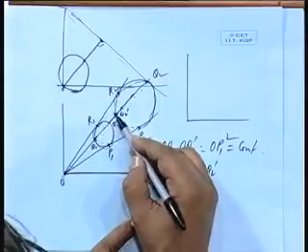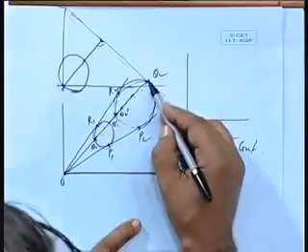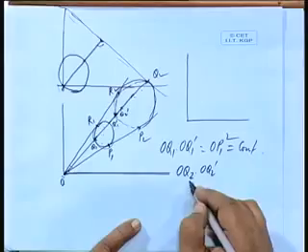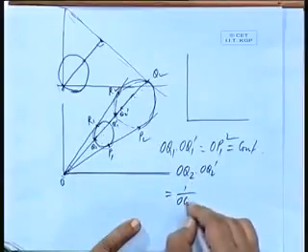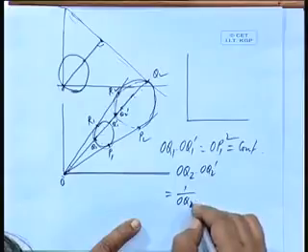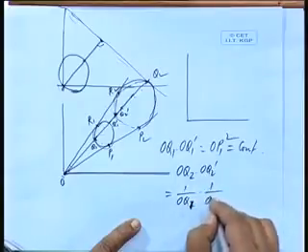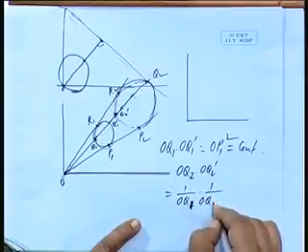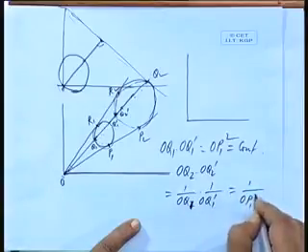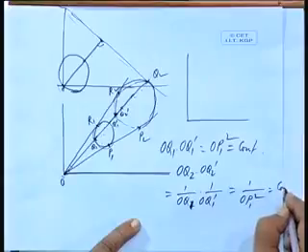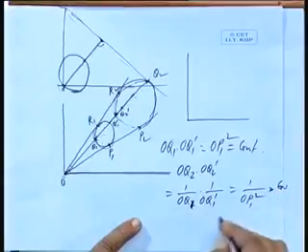OQ2 dashed into OQ2 will be just inverse of these, 1 by OQ1 into 1 by OQ1 dashed and 1 by a constant OP1 squared, which is again a constant. Okay.